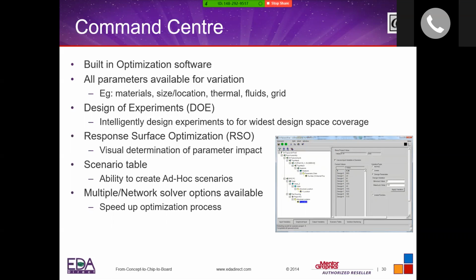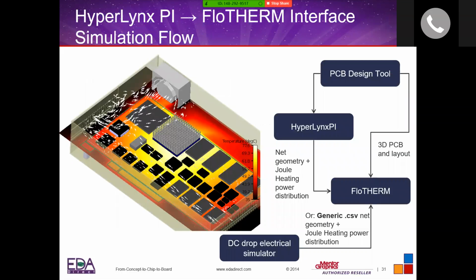I can vary the height of the heat sink. I can vary the location of the fan. I can vary the opening of the vent. All of those, you can tell the tool to go ahead and sweep on these variables, and it will go through all of those one at a time and do all the computation and show you the final solution.